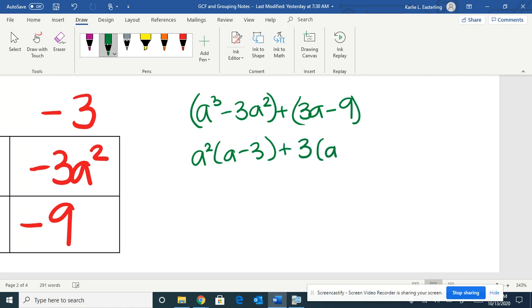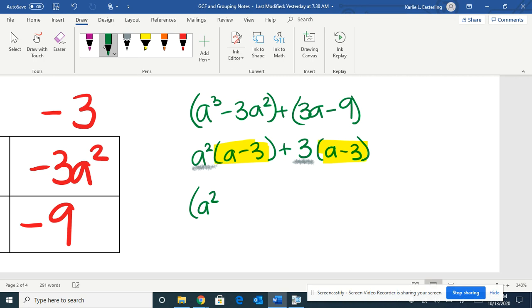So we can pull out a 3 and we're left with a minus 3 on the inside. It is very, very important that what is inside these parentheses matches perfectly, because if it doesn't, you can't keep going.